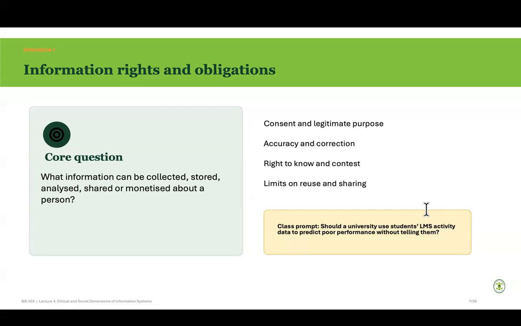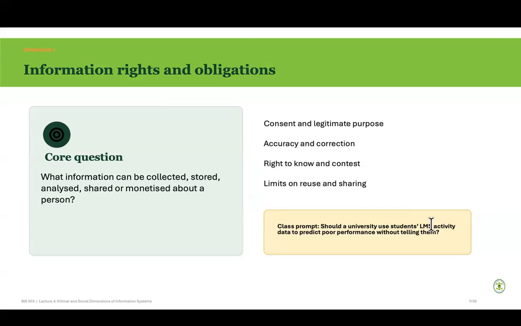That is a critical ethical issue we should be asking. Those of you who say yes may argue that early intervention may help students if they are able to predict that some students may fail. And those of you who say no may worry that this is about surveillance and labeling people inappropriately.